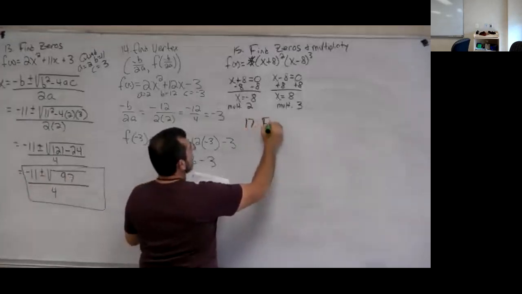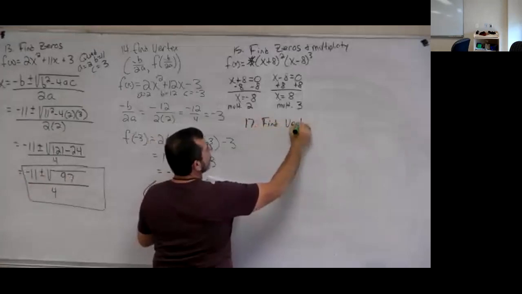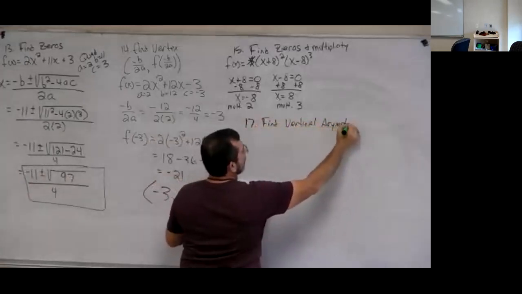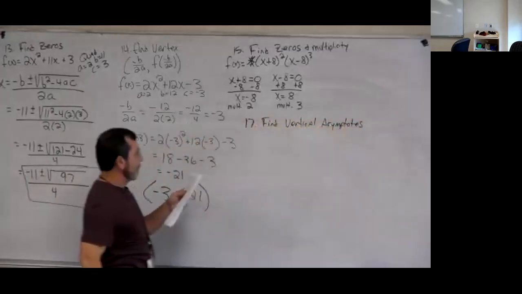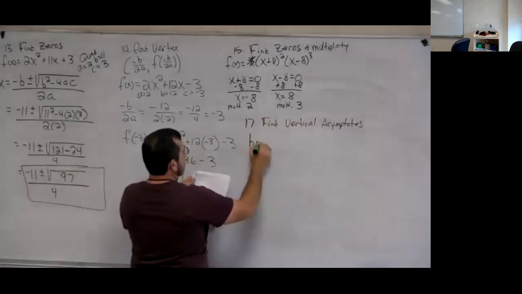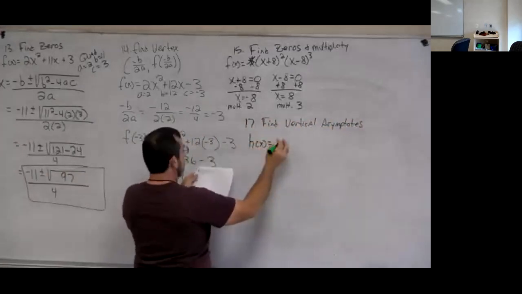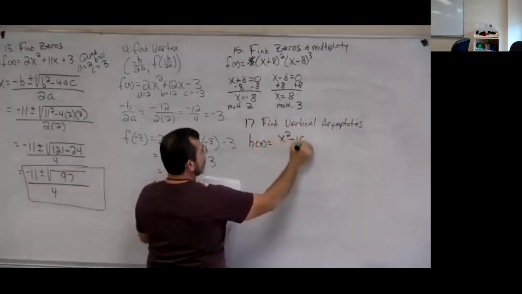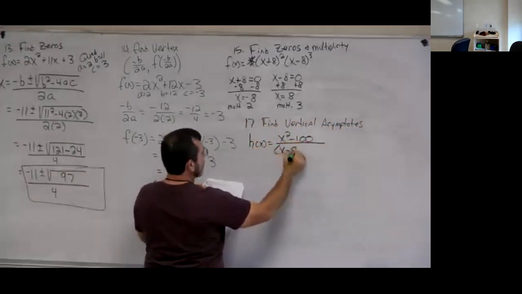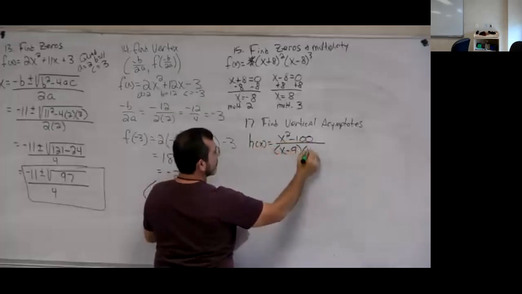All right, find vertical asymptotes. All right, let's see, they're giving me h of x equals x squared minus 100 over x minus 9 times x plus 2.